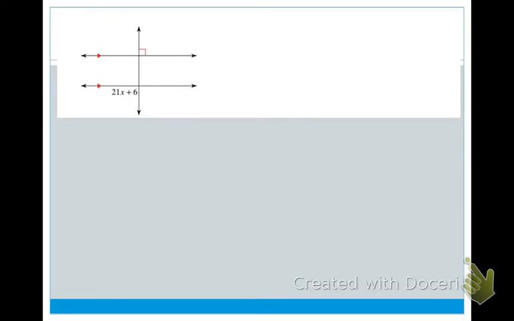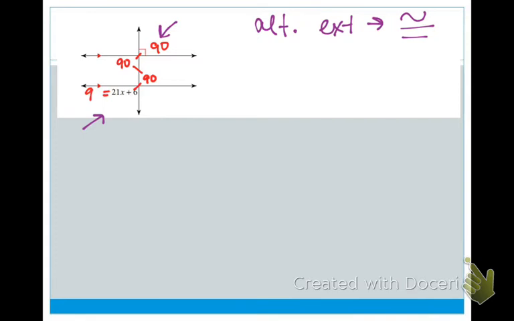What relationship does this angle up here have with this angle down here? They're alternate exterior, which means that they're congruent, so they equal each other. You could also have done the zigzag. This is 90, which means across from it is 90, which means across from that is 90, which means this is equal to 90.